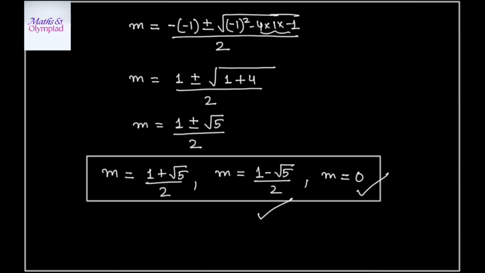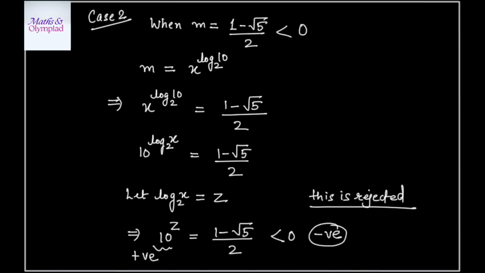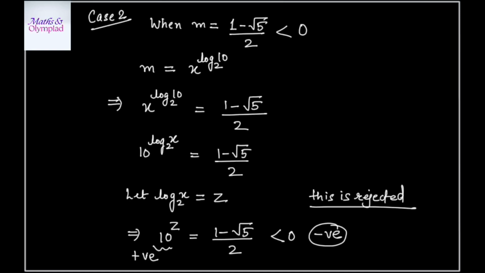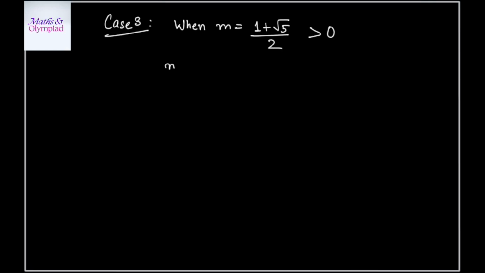Okay. Now take up case third, which is m equal to 1 plus root 5 over 2. This value is greater than 0. Now we have m equal to x raised to the power log 10 to base 2.